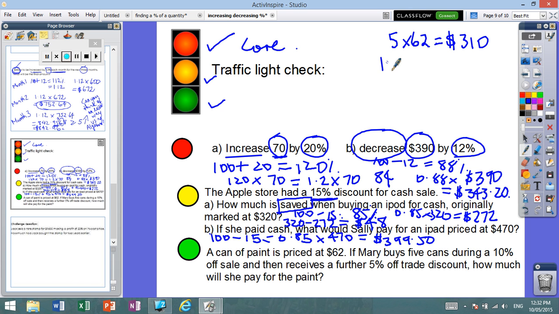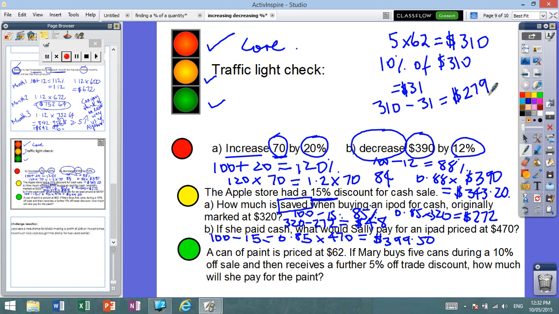But she's actually going to save 10%, so we have to find out 10% of $310. And that equals 31. So she's saving 31. So we have to go 310 minus 31. So she ends up with the 10% discount on her paints, paying $279.